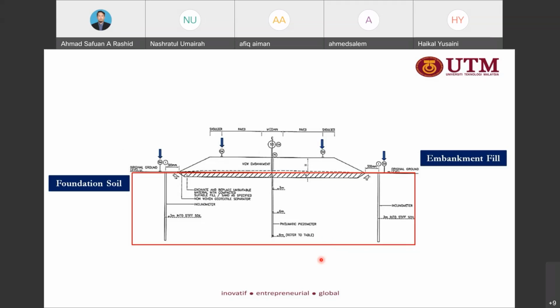So we cannot let the pore water pressure exceed a very extreme value from the calculated pore water pressure line.